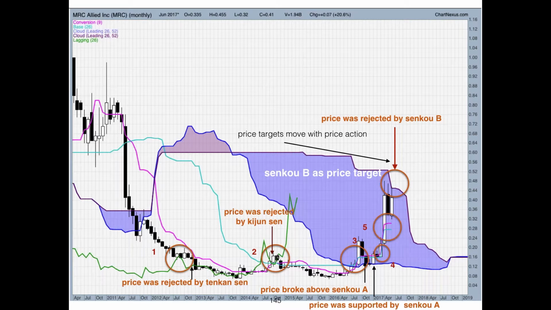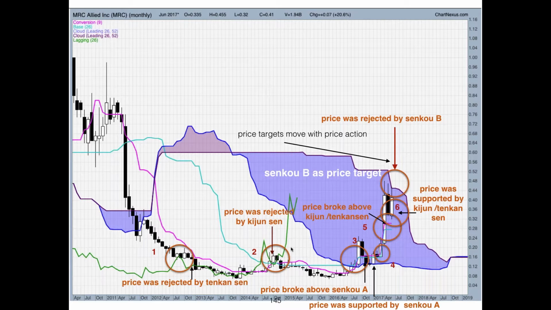In number 5, price broke above the Tenkan-sen and the Kijun-sen. In number 6, price was supported by the Tenkan-sen and the Kijun-sen.